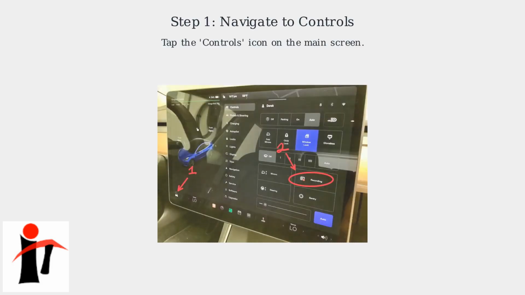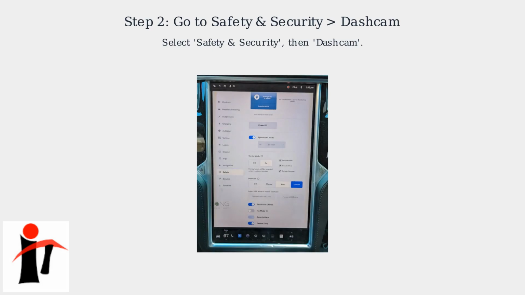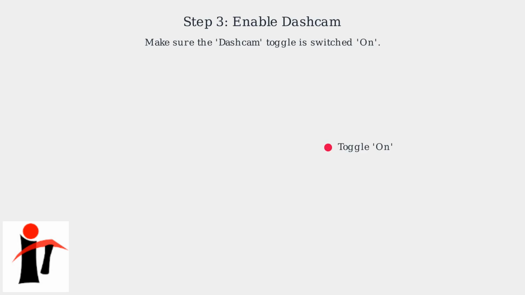To check your Tesla dashcam settings, start by accessing the vehicle's touchscreen menu. First, tap the Controls icon on the main touchscreen to open the Settings menu. Next, select Safety and Security from the Controls menu, then choose Dashcam to access the specific settings. In the Dashcam settings, ensure the Dashcam option is toggled on to activate recording.